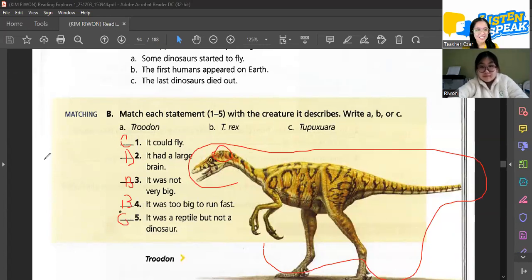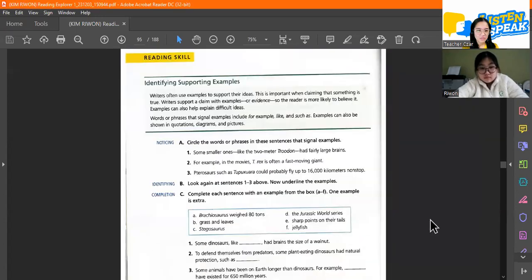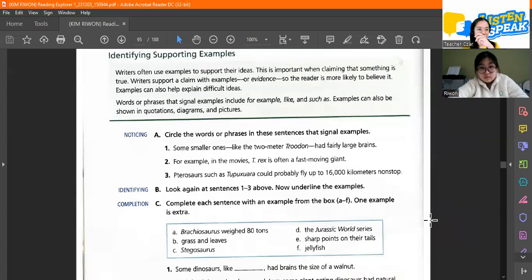Now, let's try to have the next one. We will be having the last one for this. In this one, writers often use examples to support their ideas. This is also important when claiming that something is true.